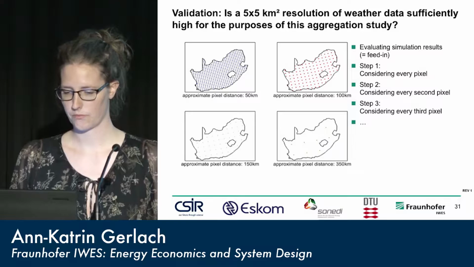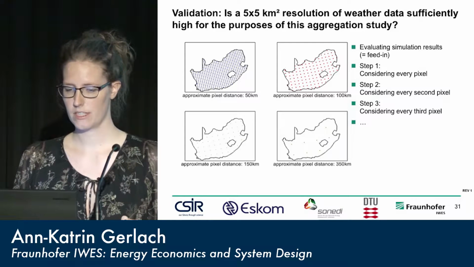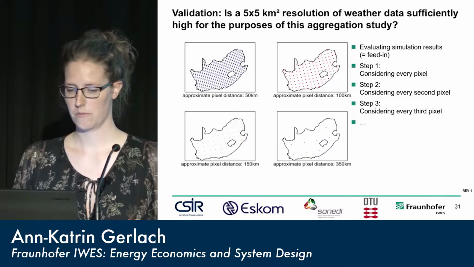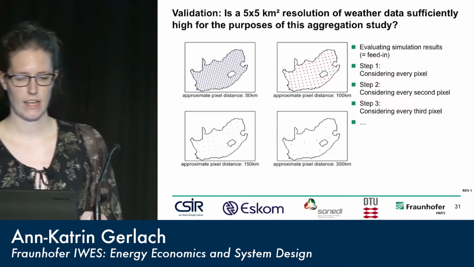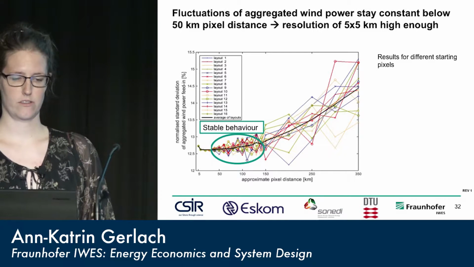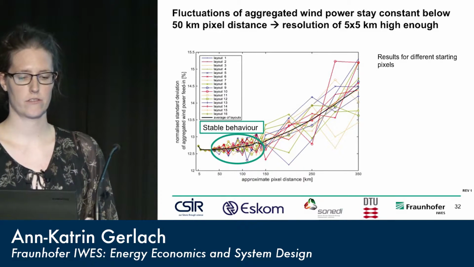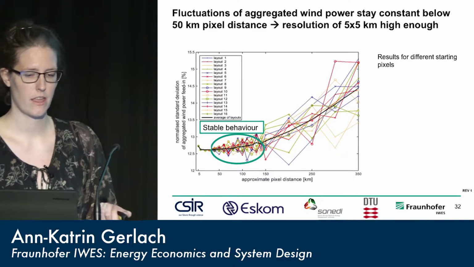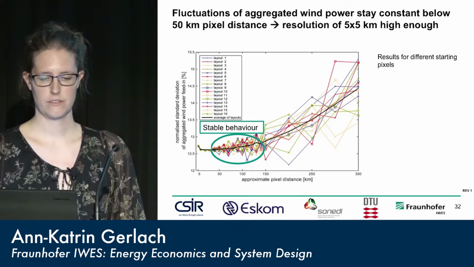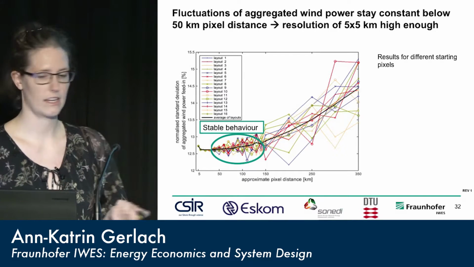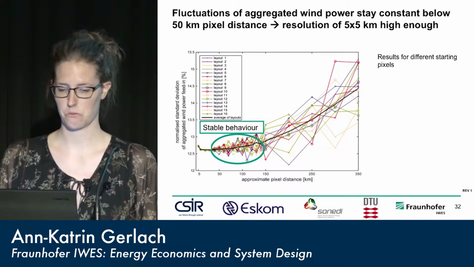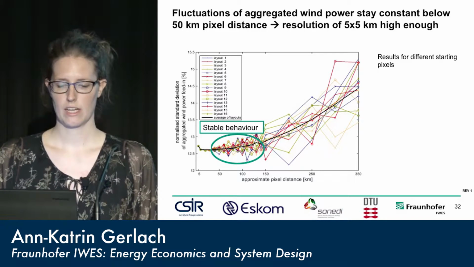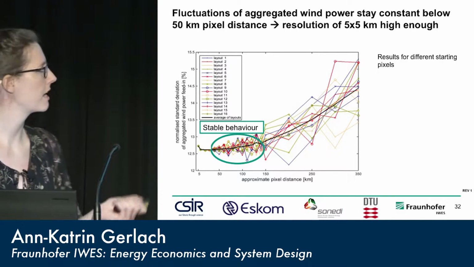And so we got different layouts for every resolution and compared the normalized standard deviation of the whole wind power feed-in of South Africa. And what you can see here is that until about 100 kilometers distance, we have quite stable behavior.